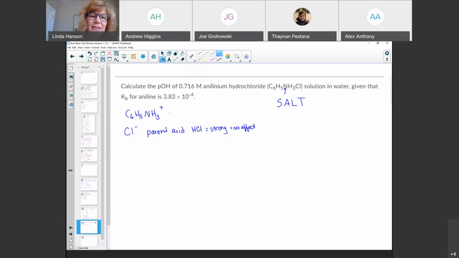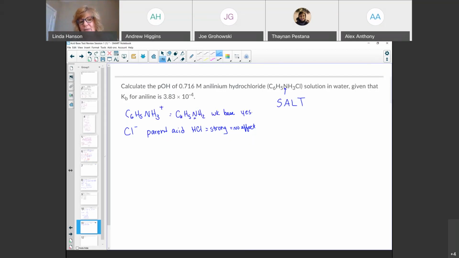We know the conjugate of C6H5NH3 positive, C6H5NH2, would be a weak base. We know that it's a weak base because of the nitrogen in the formula. That's an ammonia derivative. And therefore, yes, it will affect the pH.